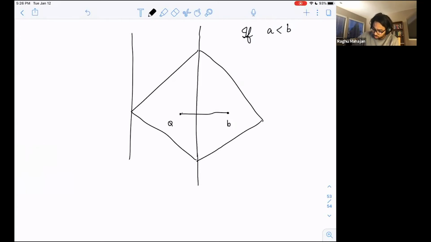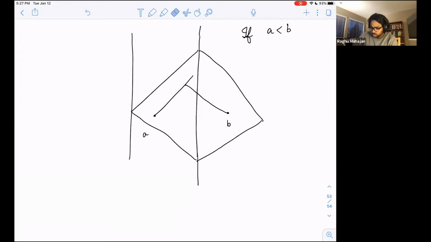When we shoot a light ray here, it hits the boundary first before meeting the light ray from B. This is crucial. If a was bigger than b, if a was over here, then the light ray before going all the way to the boundary would intersect B. So we want this kind of situation, not the other kind.